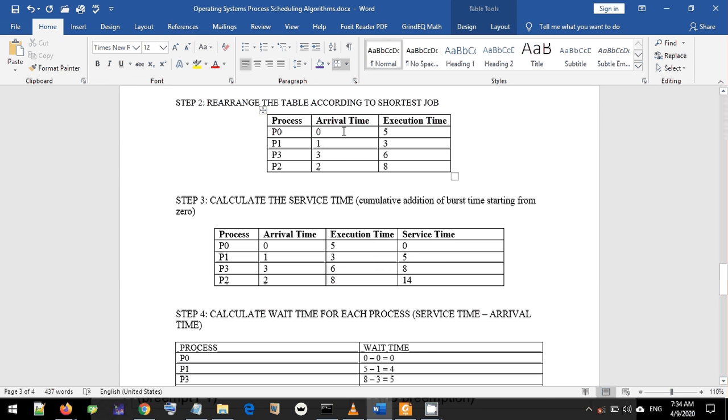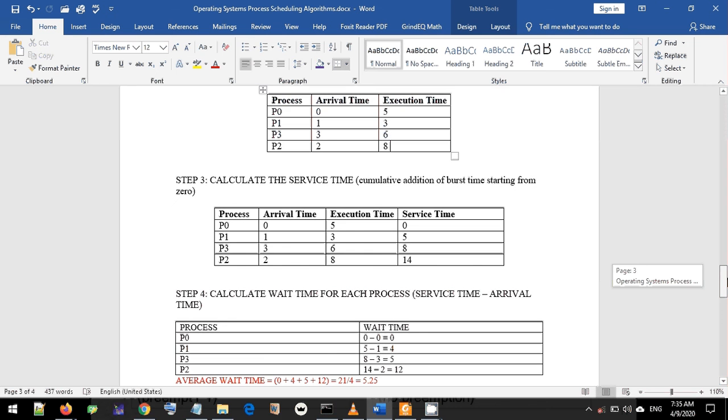It means that at the very first interval 0, even though process P0 has a higher execution time, it occupied the processor before process P1 came in. That is why we have process P1 coming after process P0. Then next we have process P3, which arrives at the third interval, but it has a lower execution time of 6. That's why we arrange it to come before process P2, which arrived at the second interval, but has a higher execution time.